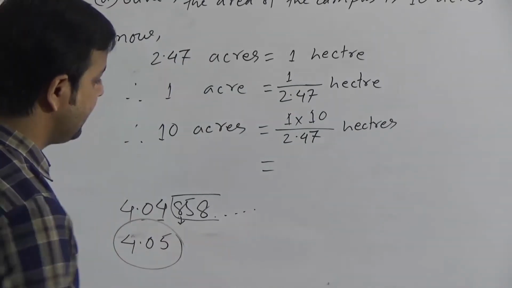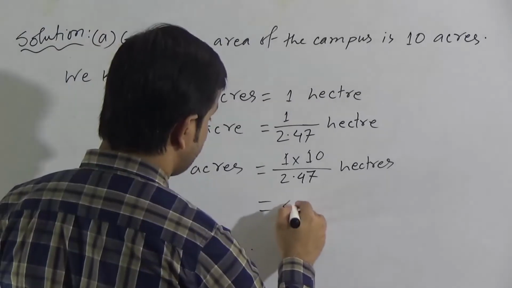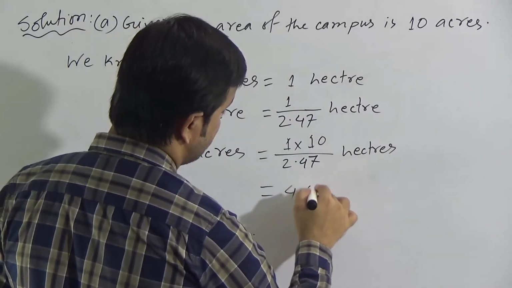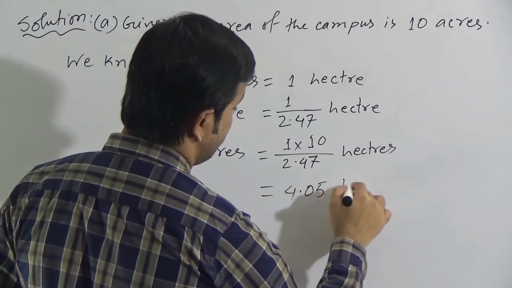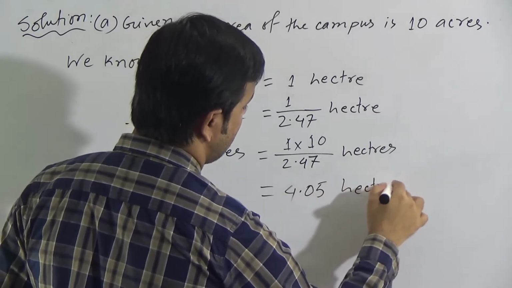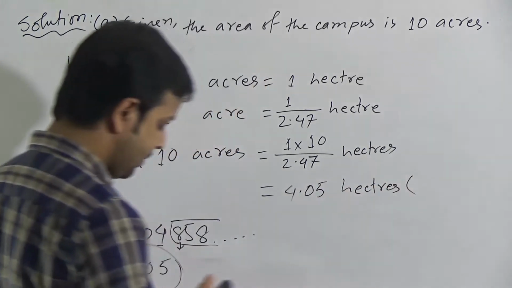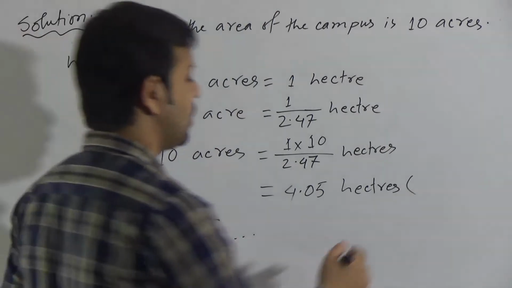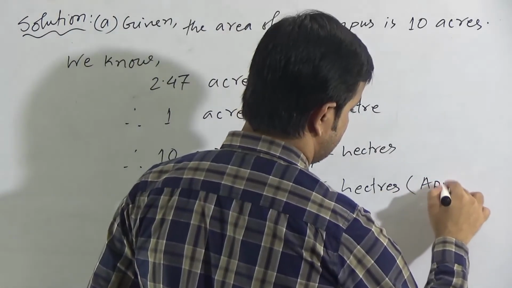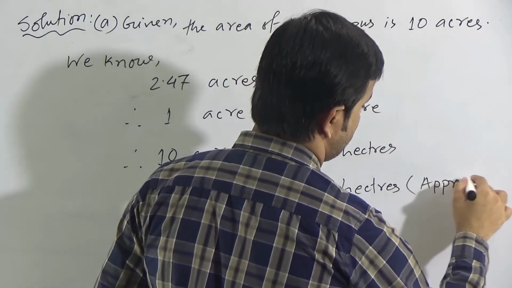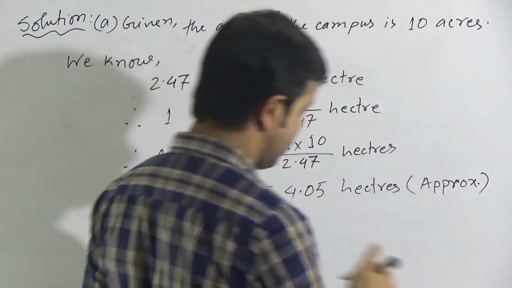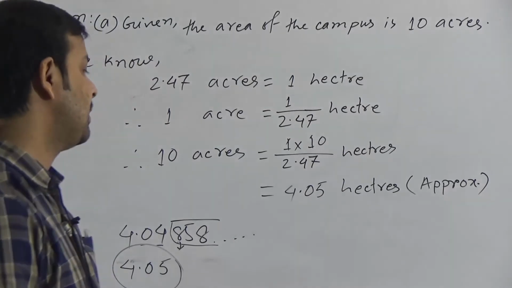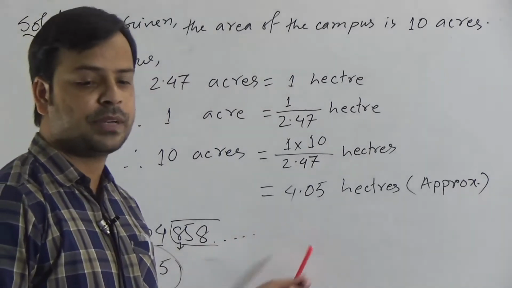So we can write this as 4.05 hectares. As this is not the exact value but an approximate value, we can write here approx. In short, approx means that this is the approximate value.